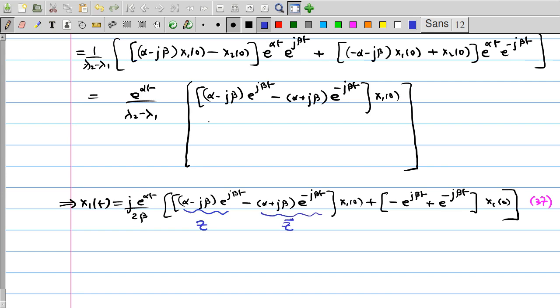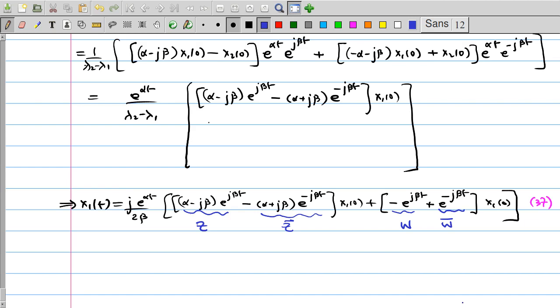And this we can't call x, so we call it w, and this is w bar. Without the minus, actually, that's important. That's w, and this is w bar.